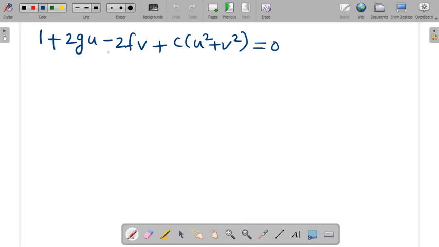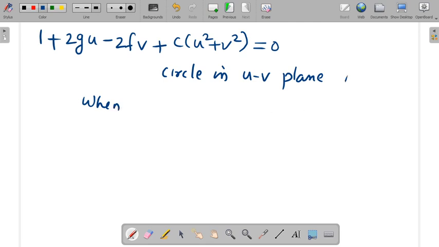And this is an expression in u and v, and it has two second degree terms, u² and v², whose coefficients are the same, c. So this will represent a circle in the uv plane. So a circle in the xy plane is mapped to a circle in the uv plane.